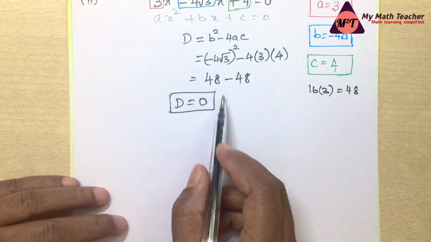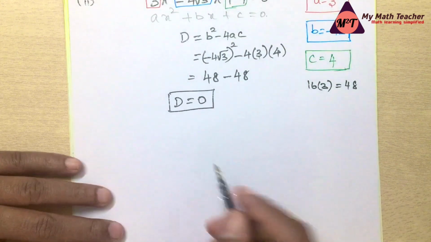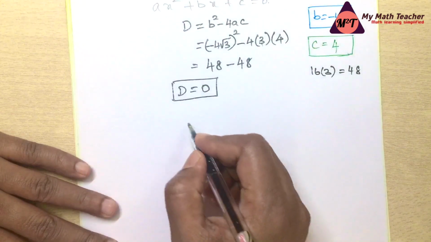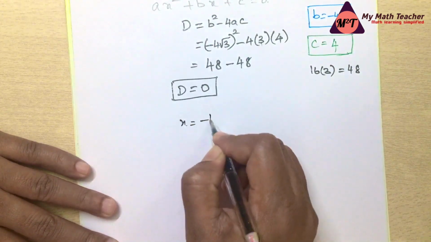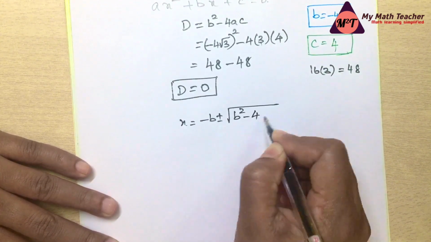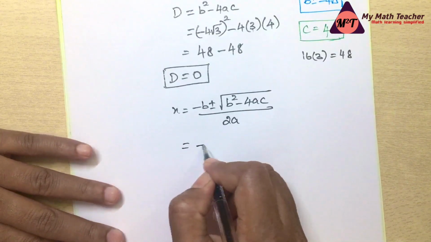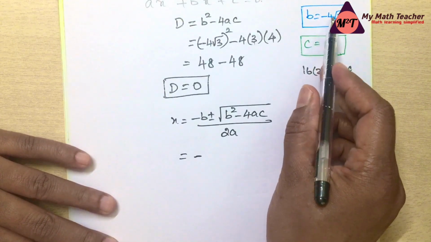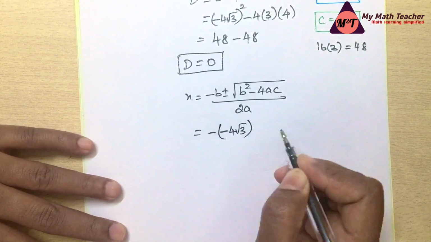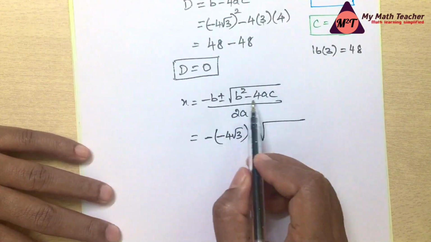So far we have found only the nature of the roots. Now we have to find the actual solution. How to find the actual solution? Using the formula, x is equal to minus b plus or minus square root of b square minus 4ac by 2a. We know that minus b is minus 4 root 3, inside the bracket, plus or minus square root of b square minus 4ac.